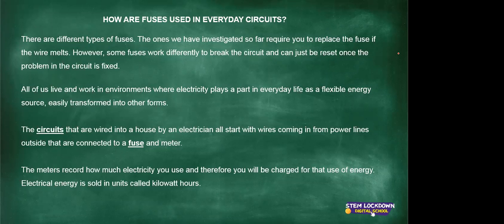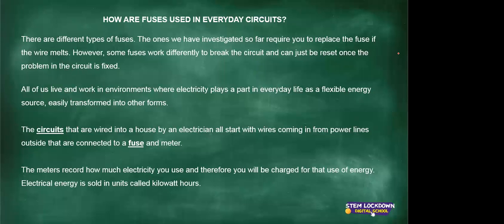Some fuses work differently to break the circuit, and they can be reset once the problem in the circuit is fixed. For example, if you have a problem in your circuit and it's not the fuse, then your fuse is going to keep on blowing until you fix the actual problem in the circuit.